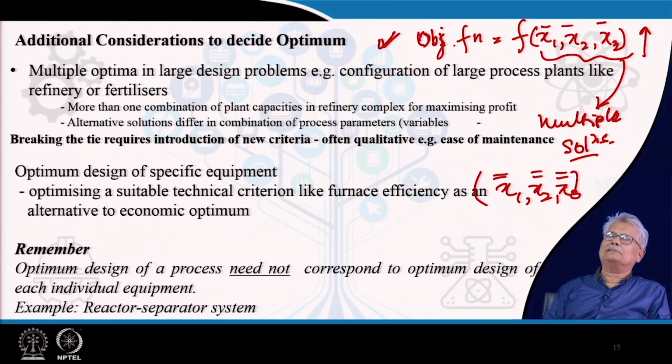And I find there could be several combinations of these 3 plant capacities which is going to give me multiple solutions of my objective function. Now which one should I opt for?